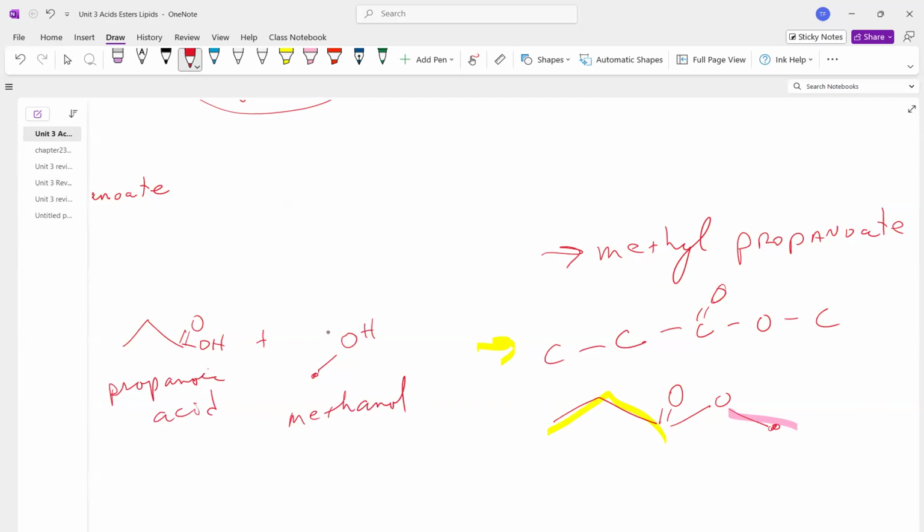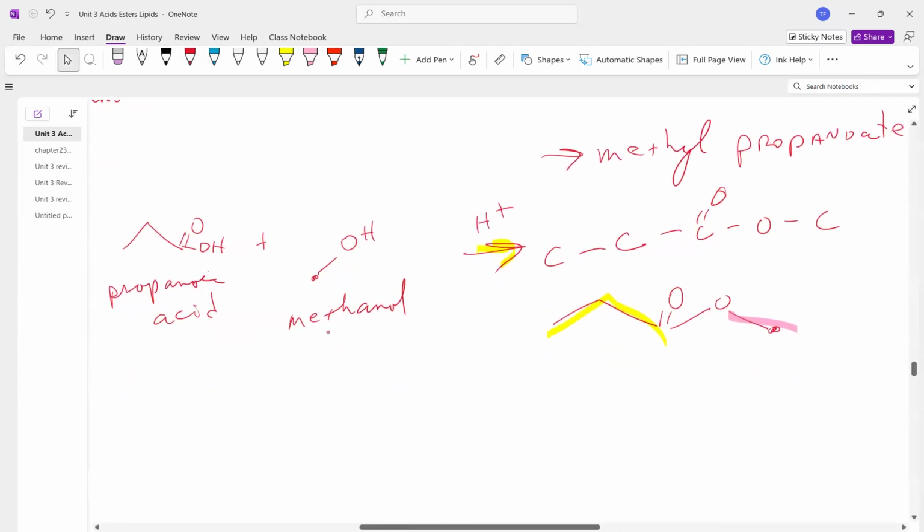Okay, so we can make it 3 different ways. We can make it with the simple acid and the simple alcohol, or we can make it from the acid chloride.